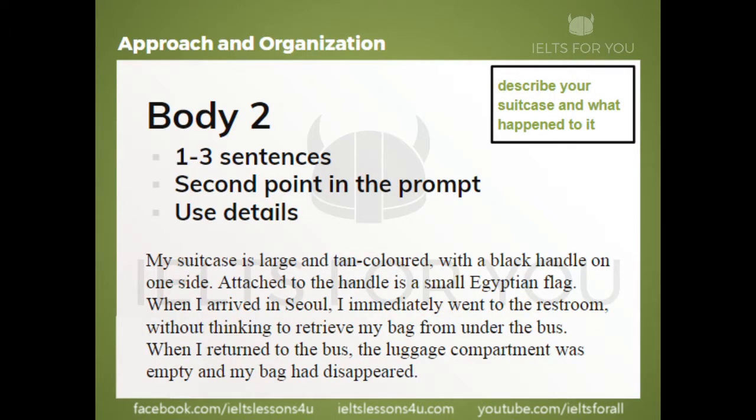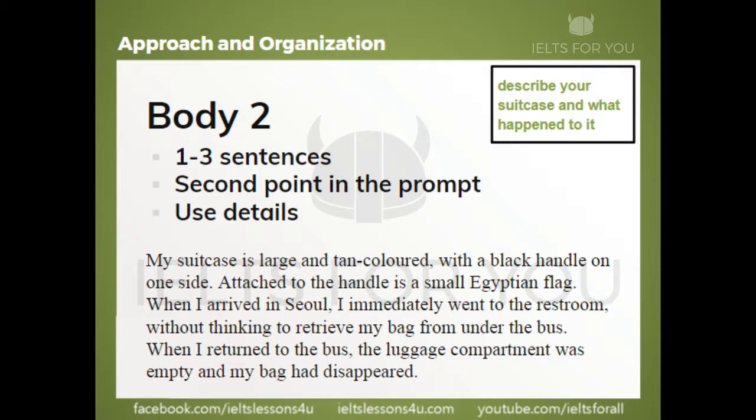Now let's move on to body 2. In body 2, we're covering the second point in the prompt. Again, 1 to 3 sentences. Now the second point in the prompt asked us to describe your suitcase and what happened to it. Now that's a little more complicated than body 1, which was just where and when.